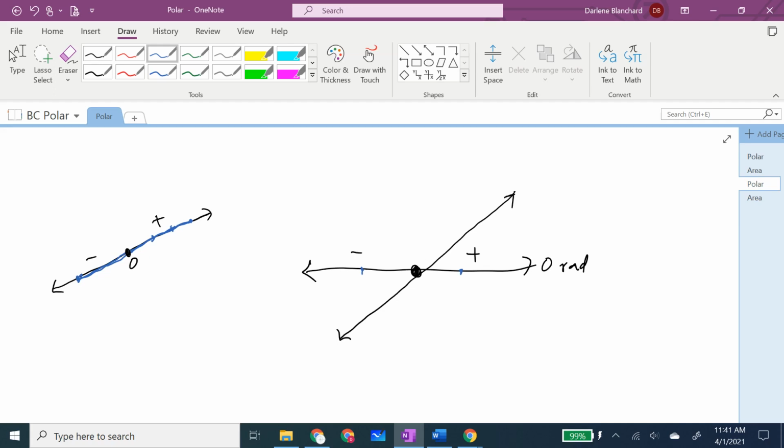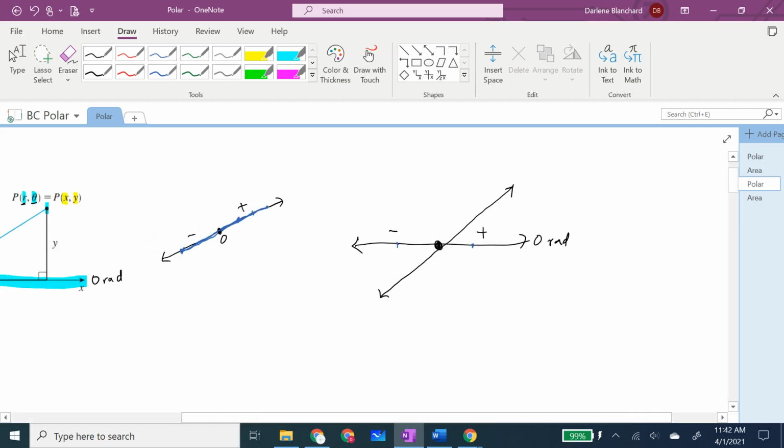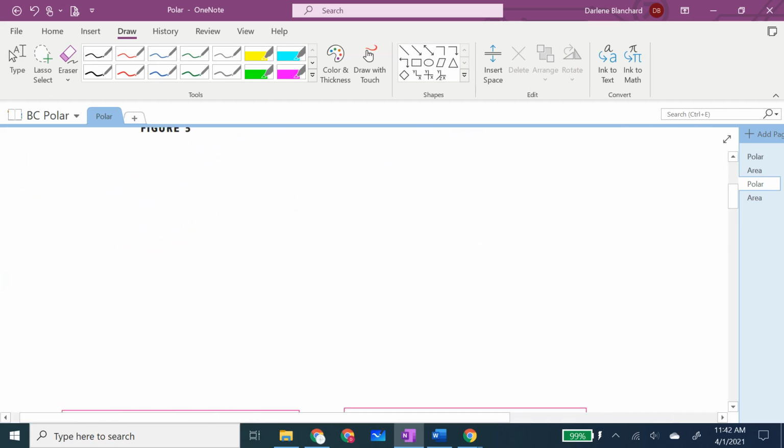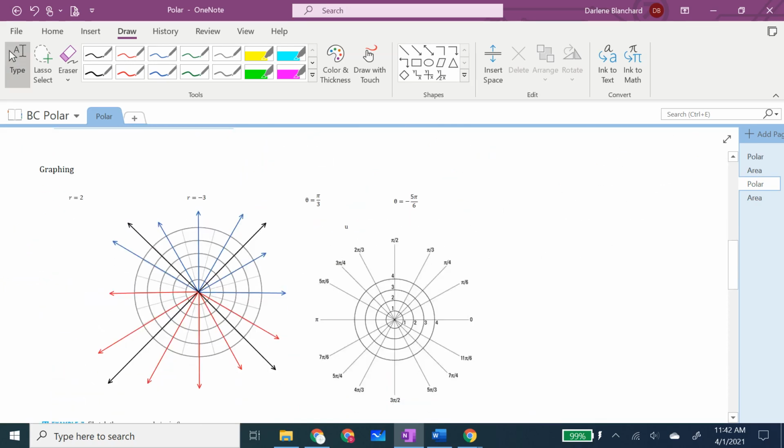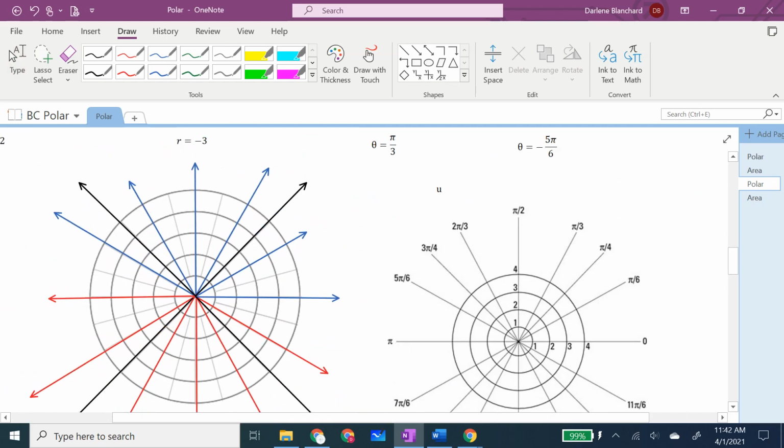But the idea is that it's moving back and forth while turning, and that is creating a curvy graph. And it's beautiful and amazing, and oh my goodness.